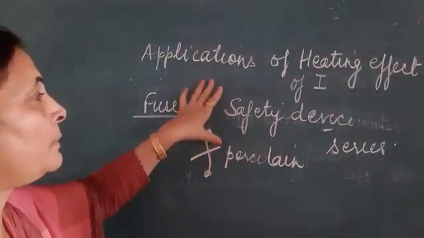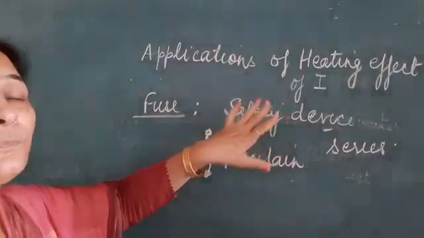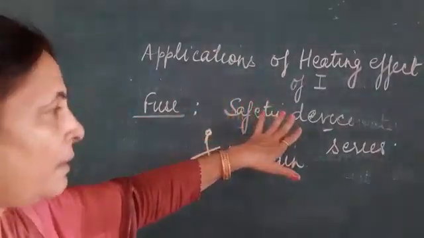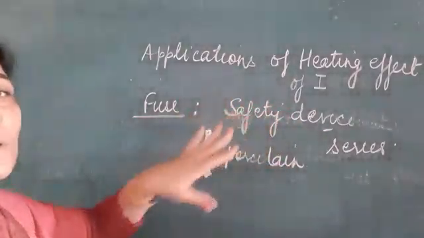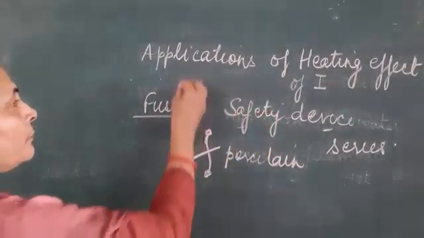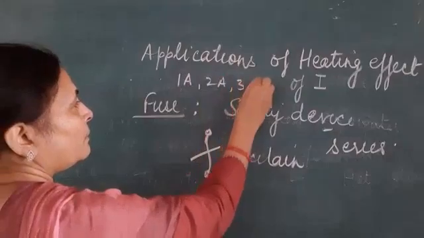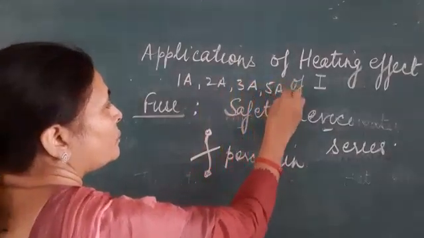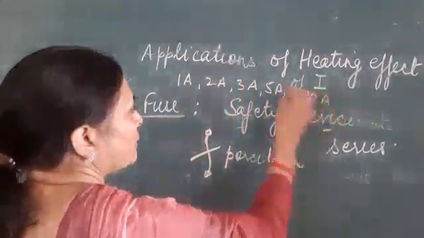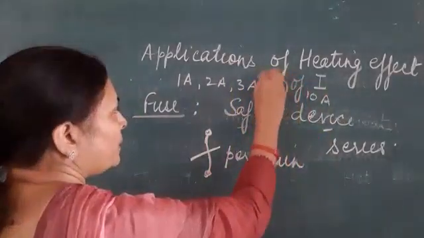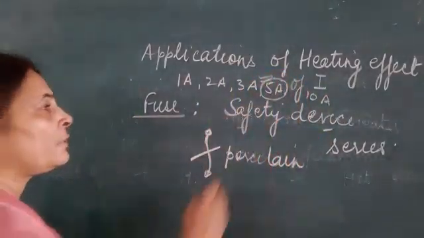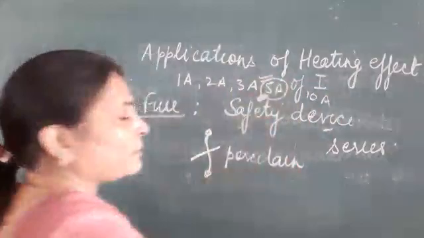This is about applications of heating effect of electric current. Normally in domestic purposes we use fuse of 1 ampere, 2 ampere, 3 ampere, 5 ampere, also 10 ampere, like this. Mostly the switch which we use in our daily routine in domestic circuits is of 5 ampere current.